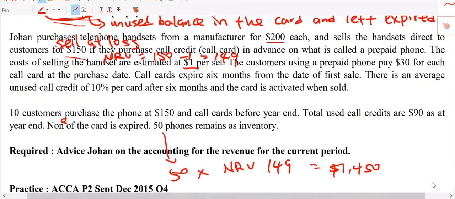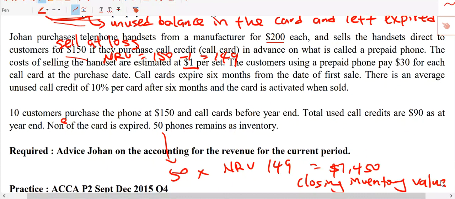This is the closing inventory value. Okay, so closing inventory valuation is settled already.